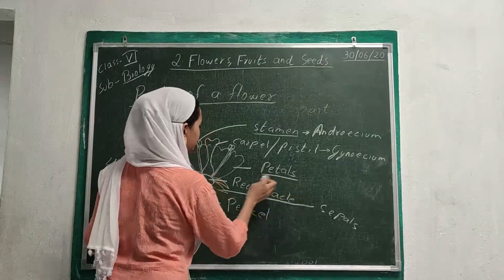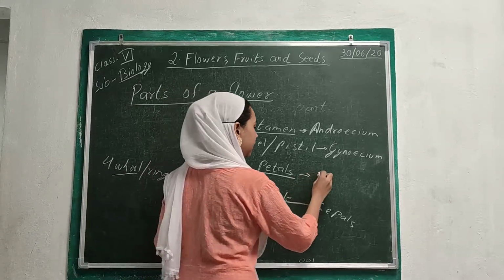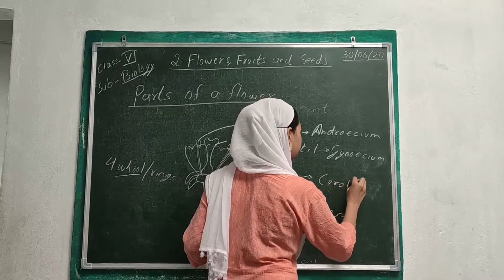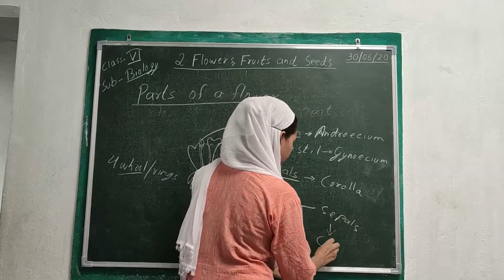Next, the petals: there are more than one petal, and they come together and form the corolla. Similarly, the sepals come together and form the calyx.